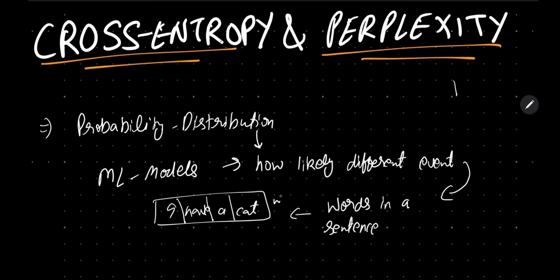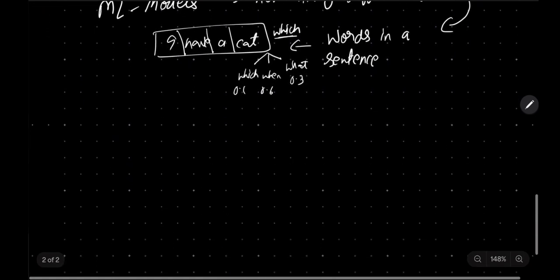Let's say the next word is this, but your model is giving you multiple options, like which, what, and when. Let's say 0.1 for this, 0.6 for this, 0.3 for this, something like that. This is called the distribution of probability over words.